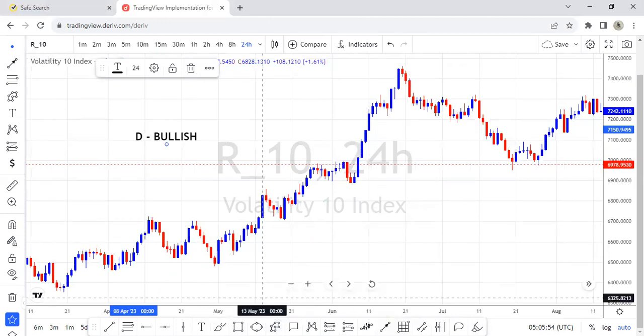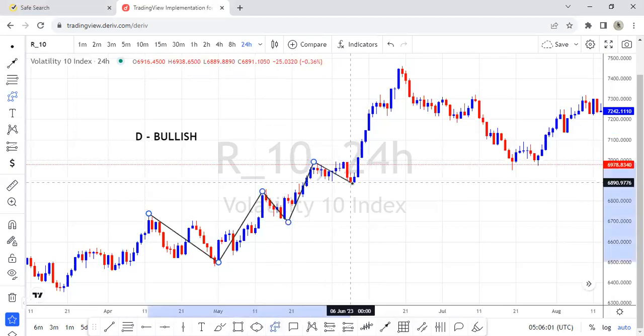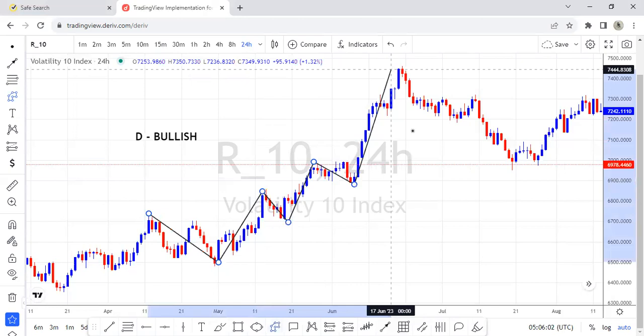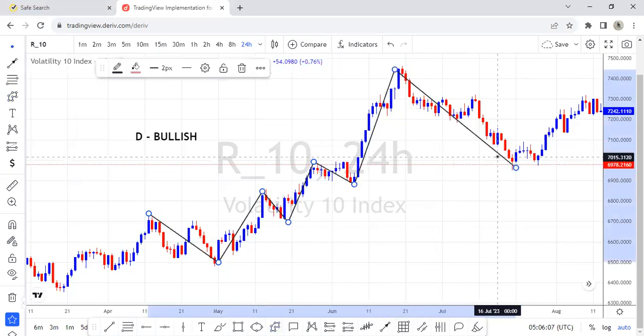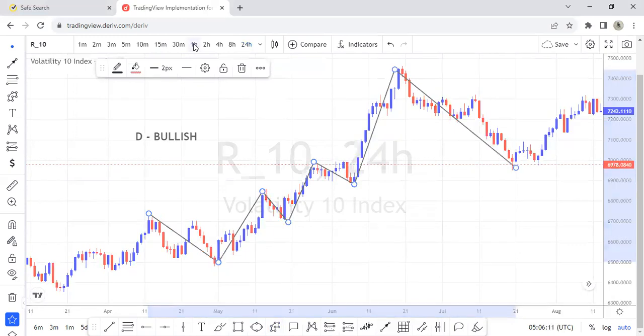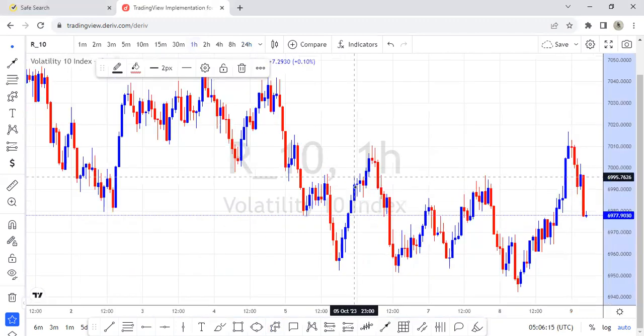Because why? What can you see that makes you think it's bullish? You can see higher high, higher low, higher high, higher low. You can see how the market is bullish. So now inside this pullback, if you go to the 1 hour chart, what are you going to see there? Watch what you will see on the 1 hour, what I've just been telling you guys about. Right. Let's just go to that area.